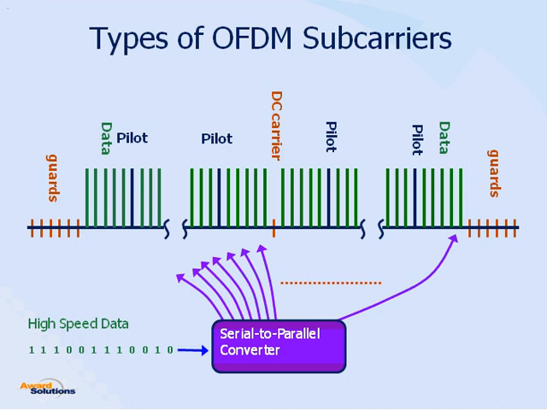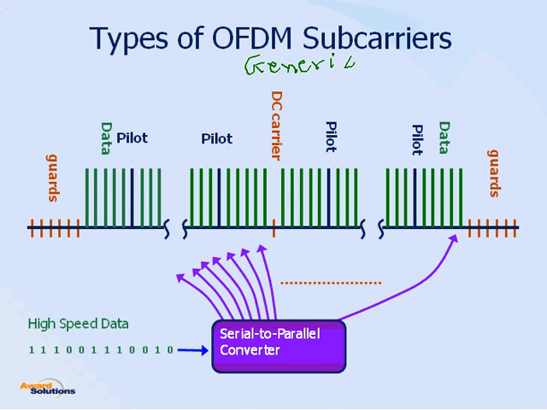Now we said that we divide the spectrum into many subcarriers. We have different types of subcarriers, and what we are showing here is for a generic OFDM system. It's not necessary that it will apply to our LTE in exactly the same fashion, but it will be sufficient at this time to get an understanding of various types of subcarriers.